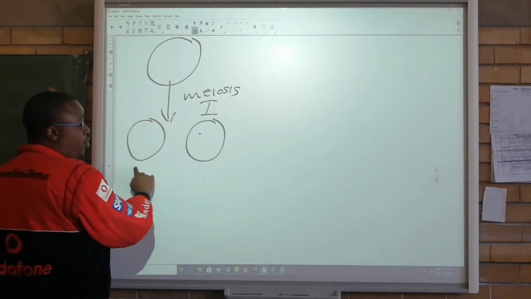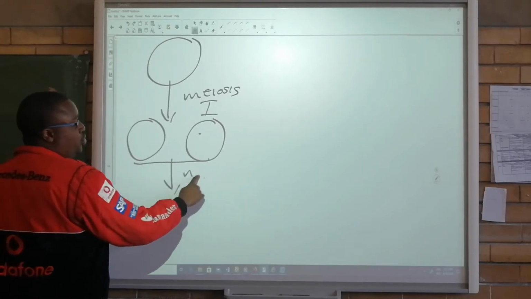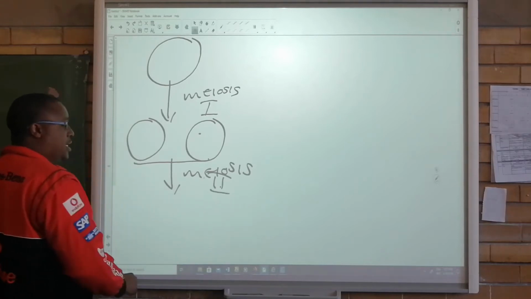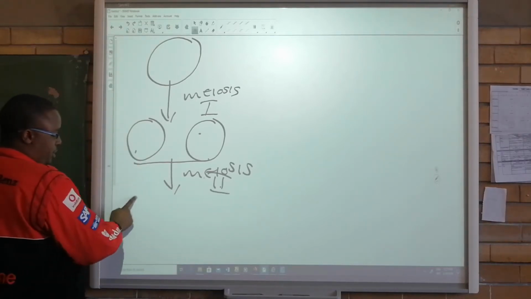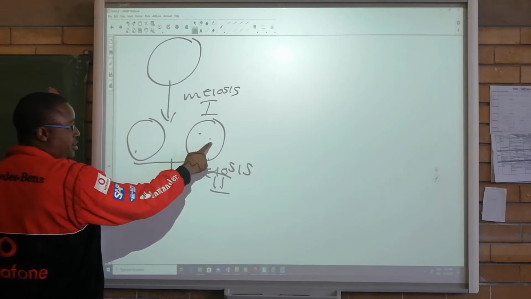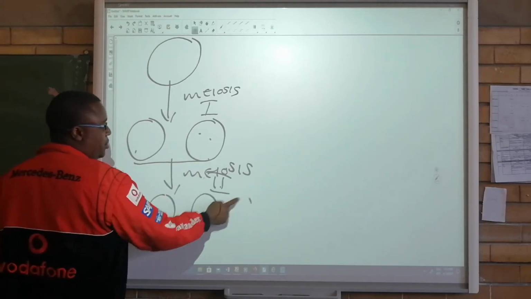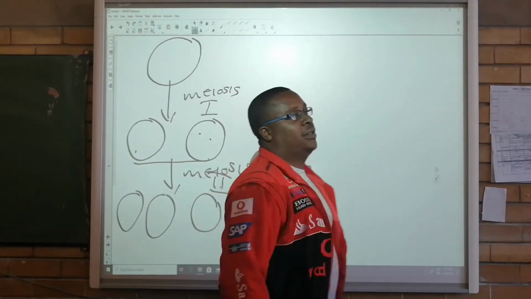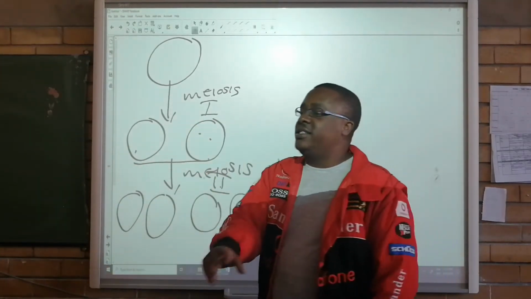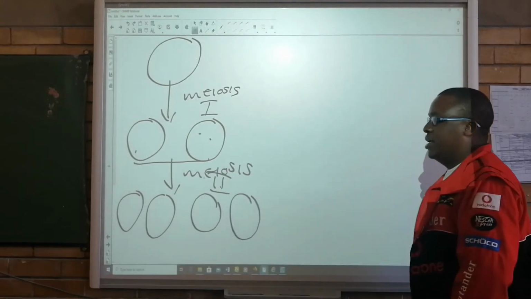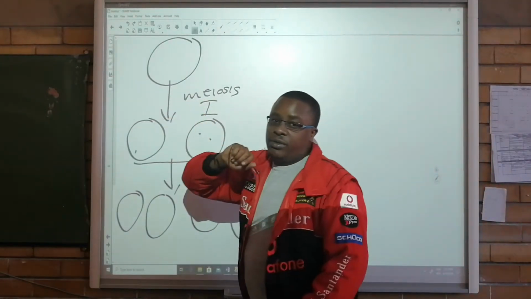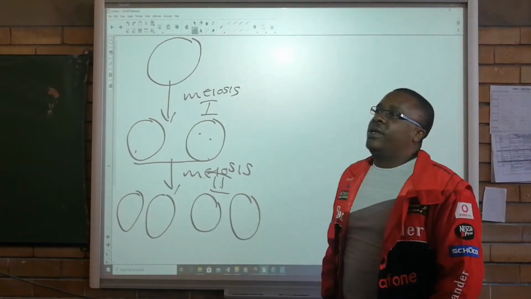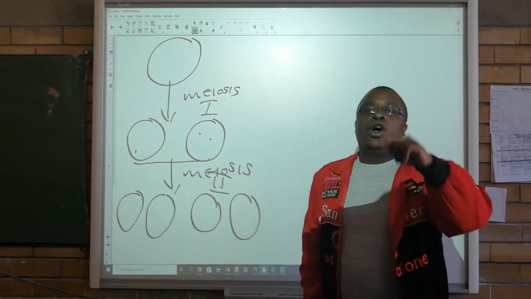And the two cells undergo meiosis 2 and give us, this cell will give us two cells, and then this cell will give us another two cells. That's a basic summary of what meiosis is. So each cell gives us 4 daughter cells. Right. Walk with me.